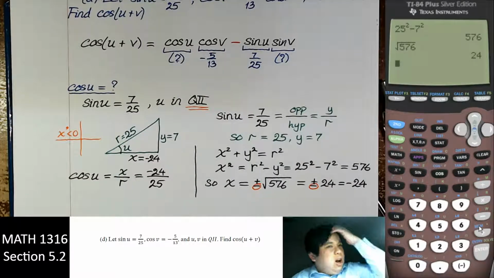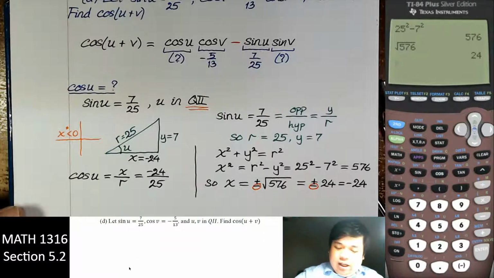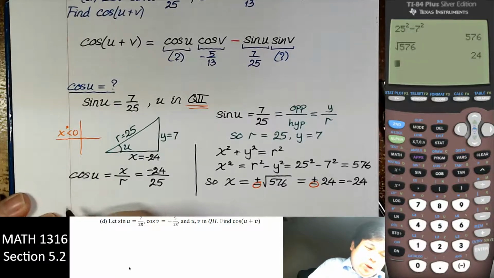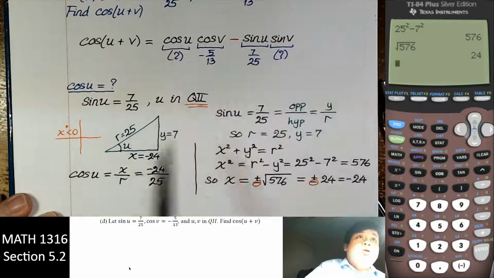Right. We did this a lot in chapter 2, even chapter 1, and chapter 3. So we have cosine of u, so that's good. Now we need to find sine v.